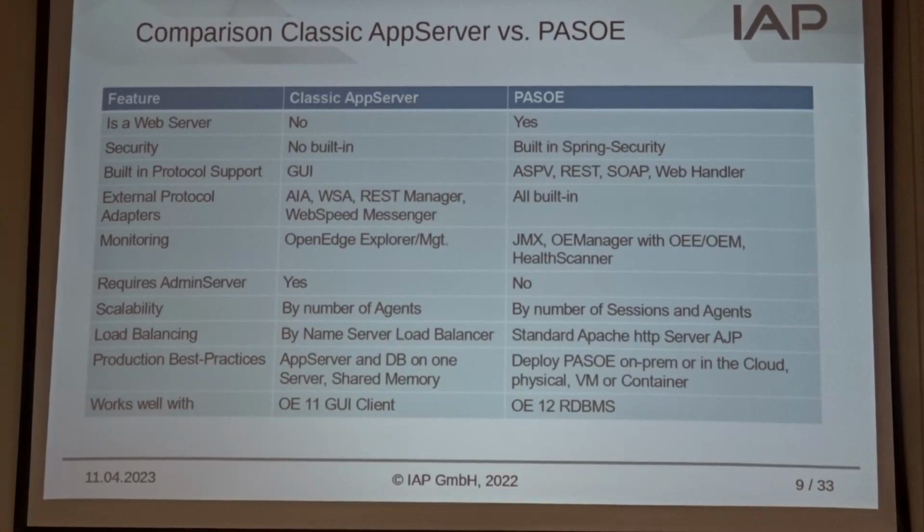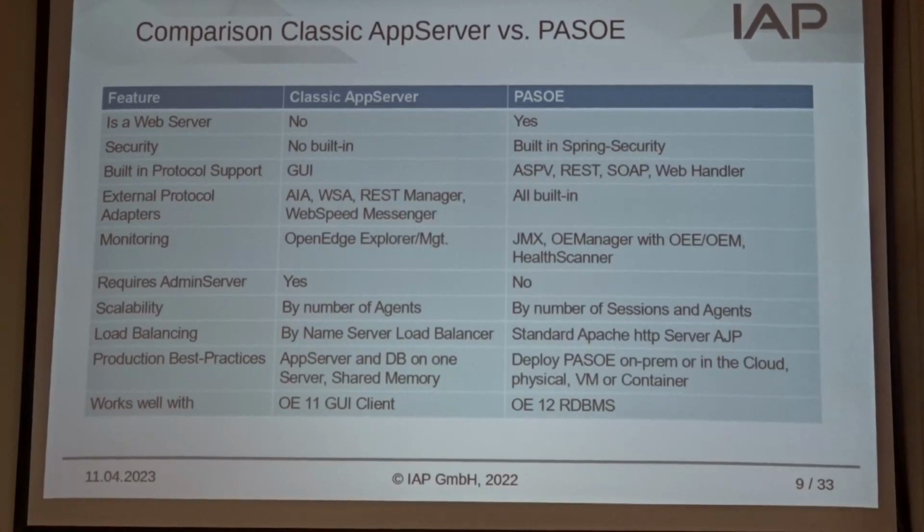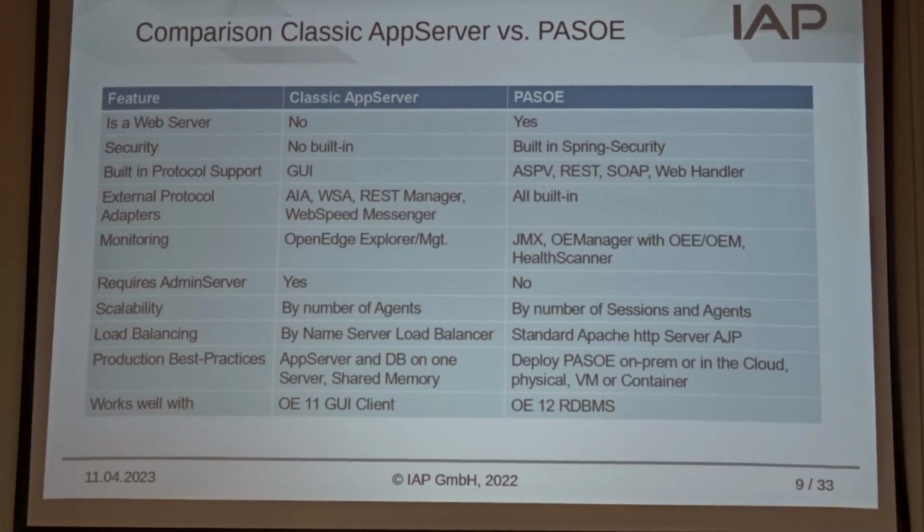So for security, in the classic app server you are completely responsible for the security. In PASOE, we have the Spring security from Tomcat, but you can also build your own stuff after that.